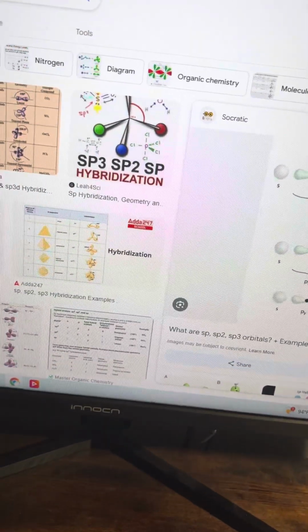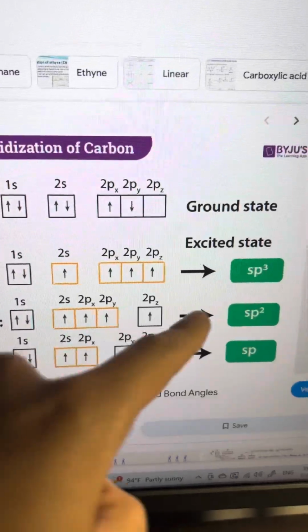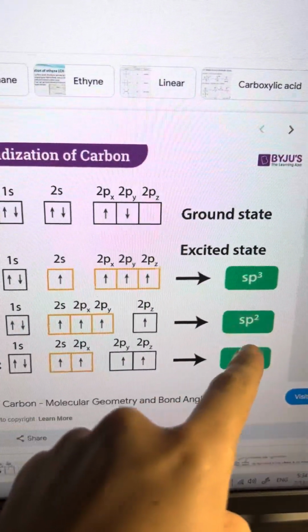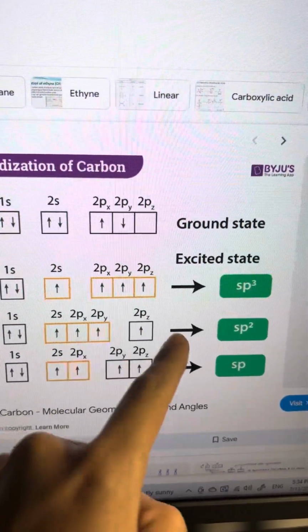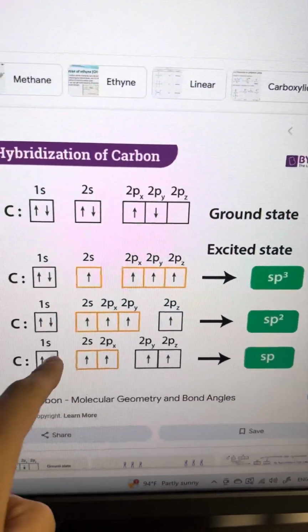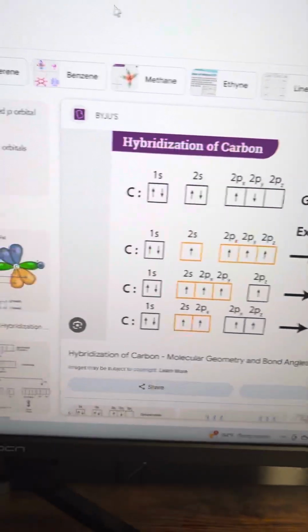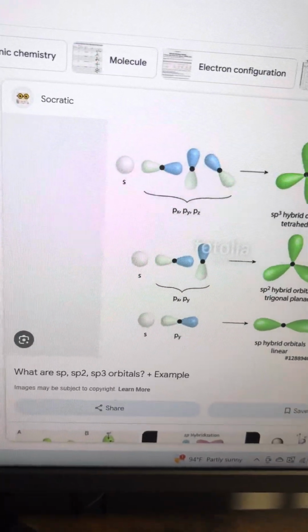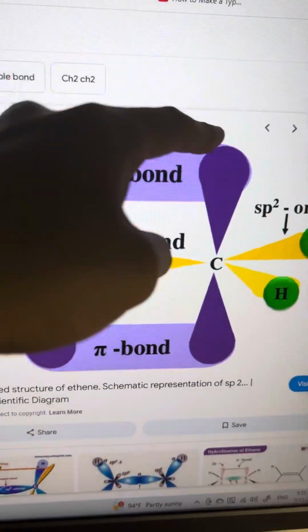The explanation for that is if you look at the hybridization, you can see sp3 has 4 sp3s, sp2 has 3 sp2s and 1 p left over, and then sp is 2 sps and 2 p orbitals left over. So with those extra p orbitals, we're going to make what's called a pi bond, this thing right here.